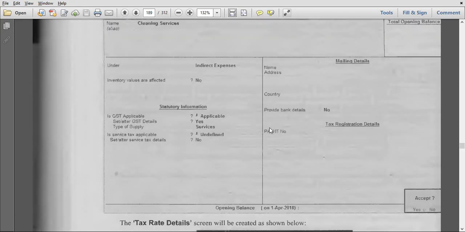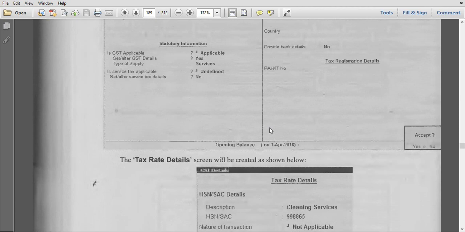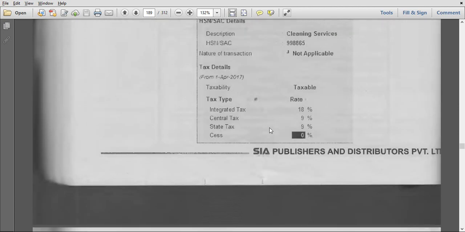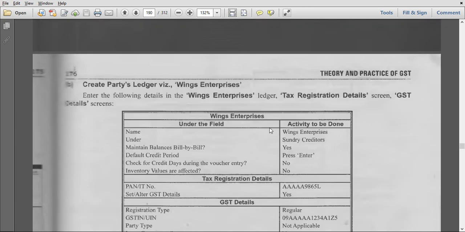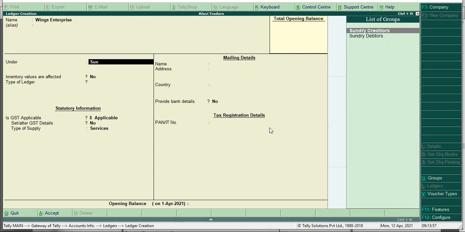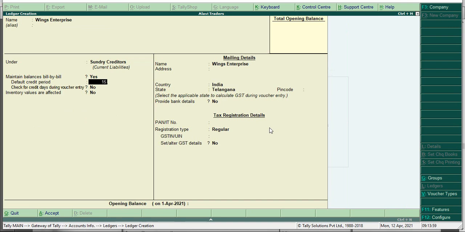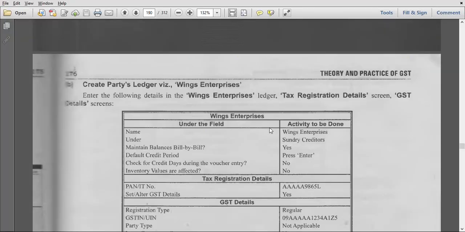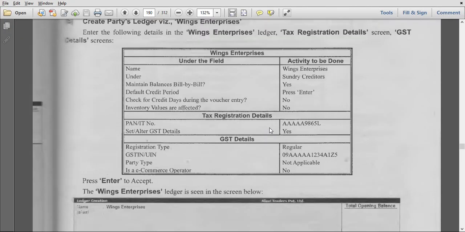Next ledger we have to create is Wings Enterprise as sundry creditors. Wings Enterprise under sundry creditor, is from which state?